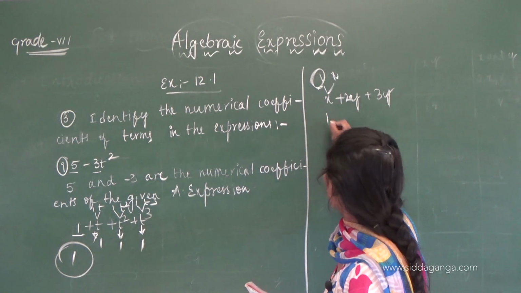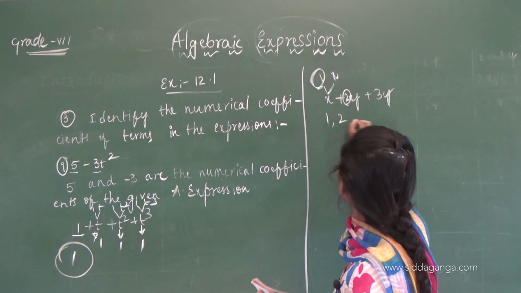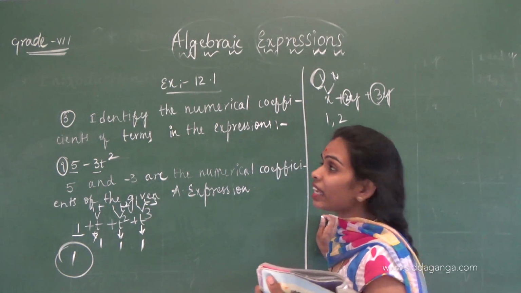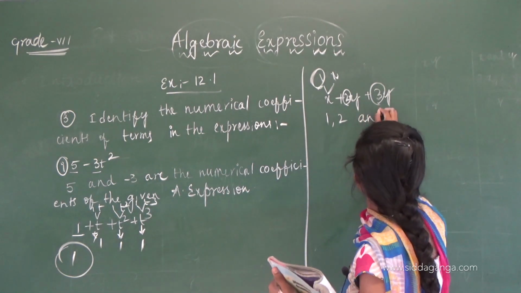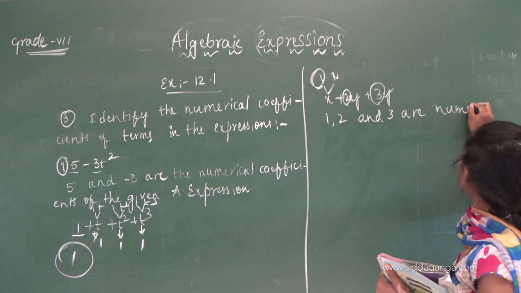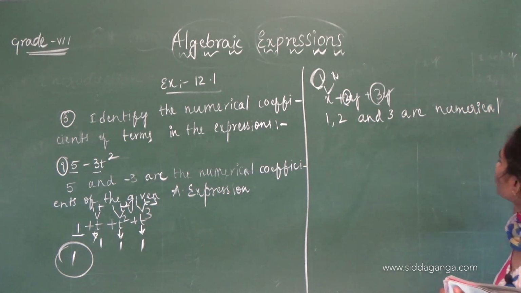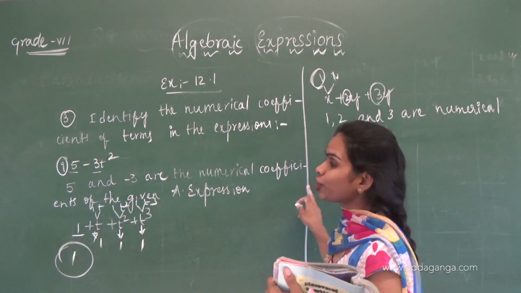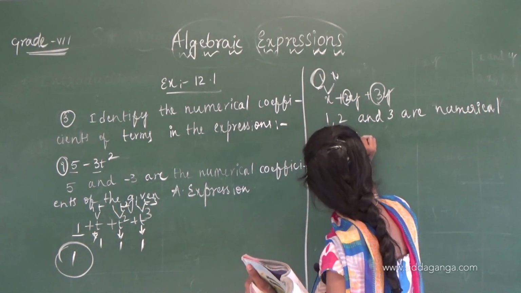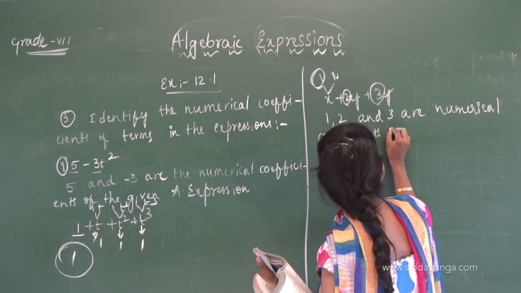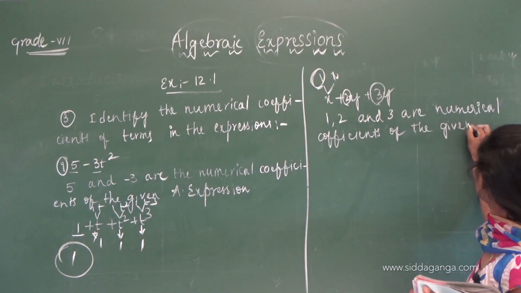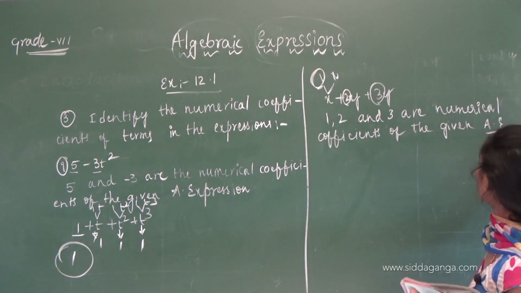Therefore 1 here, 2 here, and the numerical thing is 3 into y. 1, 2 and 3 are the numerical coefficients of the given algebraic expression.